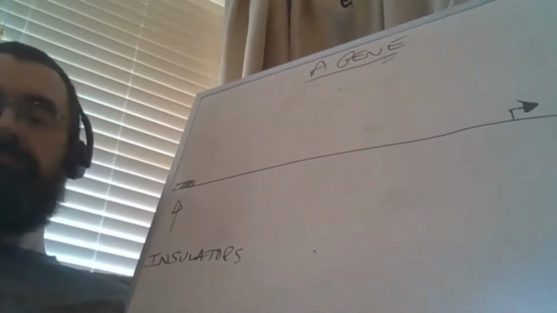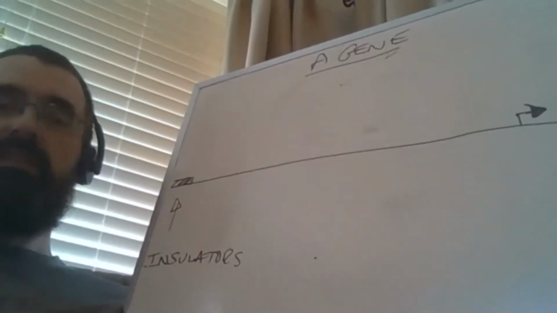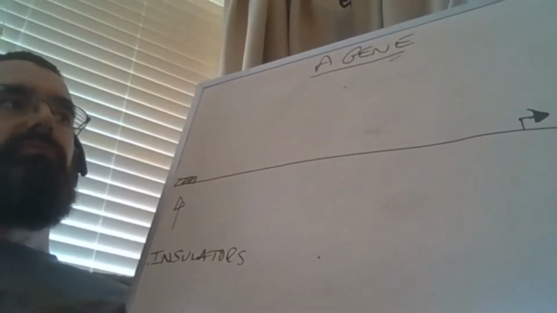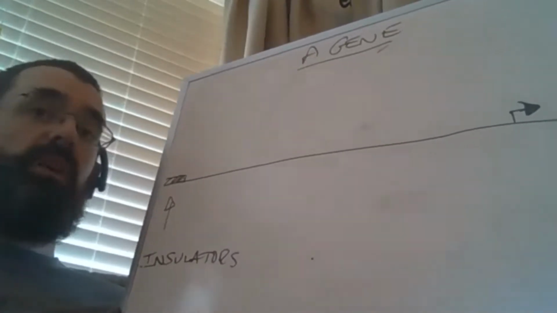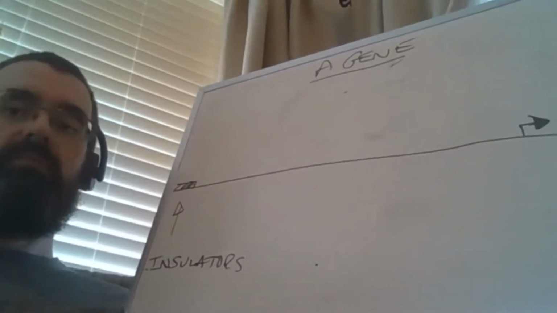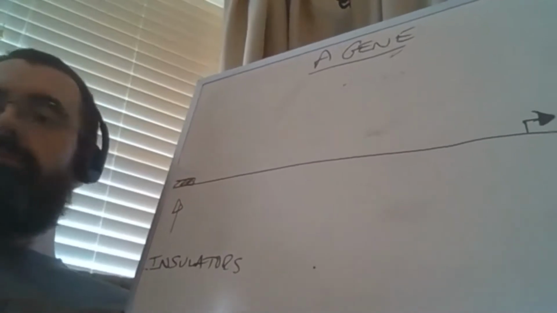Okay. So then we have a whole bunch of different regions, and these are split into regions which can bind transcription factors, regions which bind activator proteins, and regions which bind silencer proteins. And so this is almost like a toolkit.